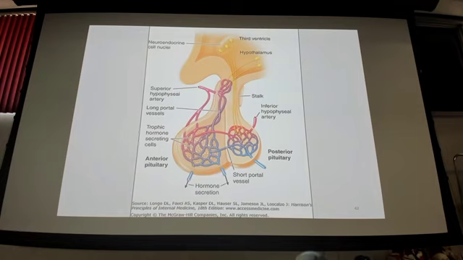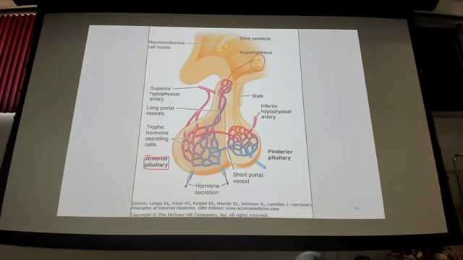If you're looking at this, we're focusing on the anterior pituitary right now. We have these hypothalamic nuclei making whatever hormone they're making. It comes down and is delivered into this portal system.